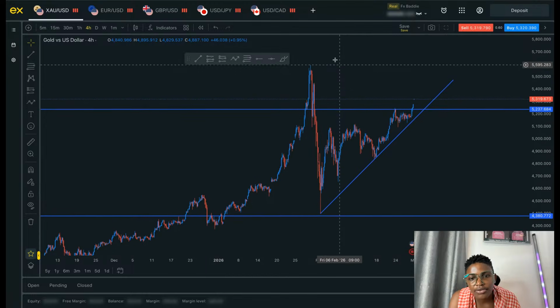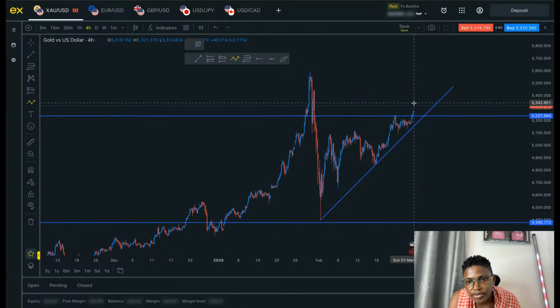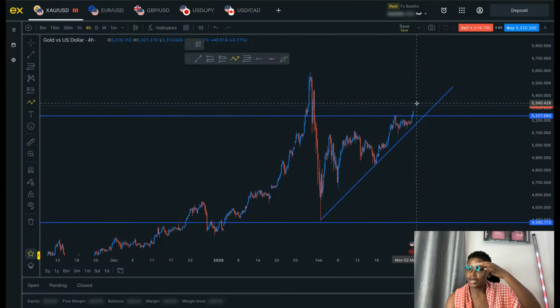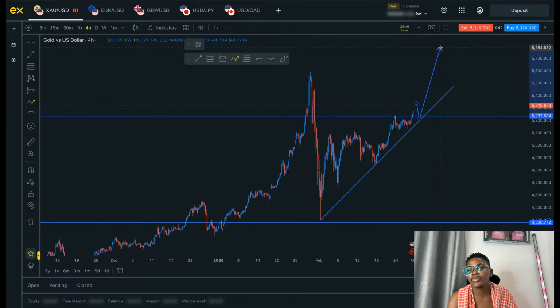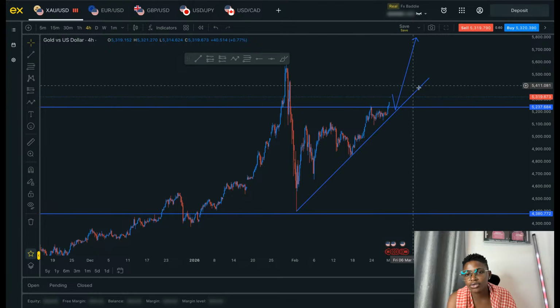But on the 4 hours, let me see if we have any minor levels. Maybe price will come and retest this trend line as a third touch before finally moving up. So this is the 4 hours view.